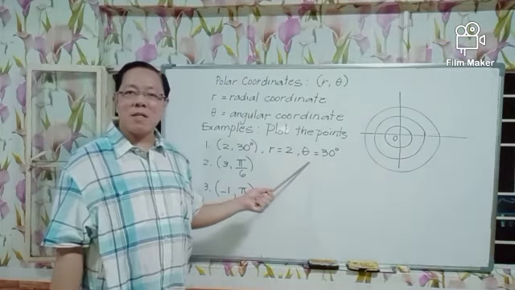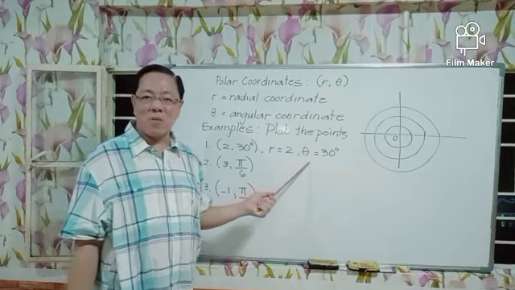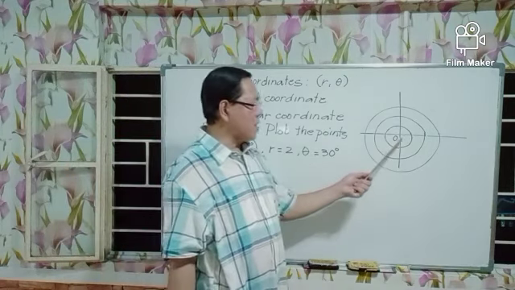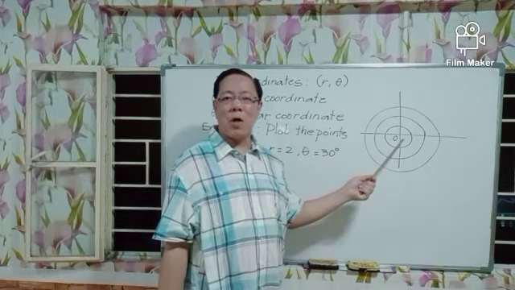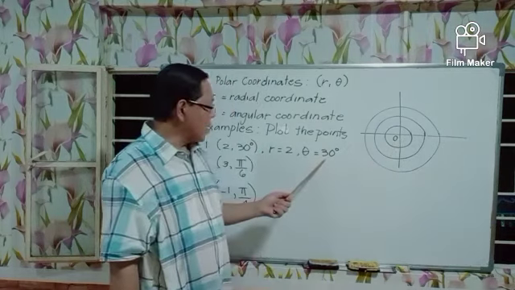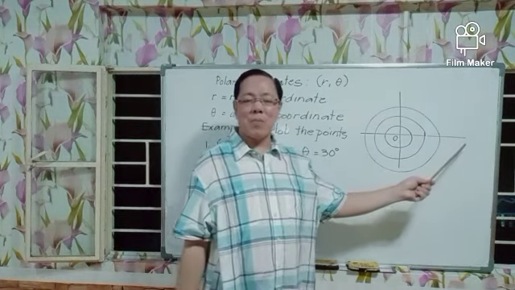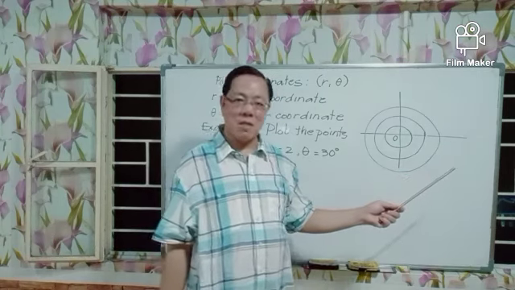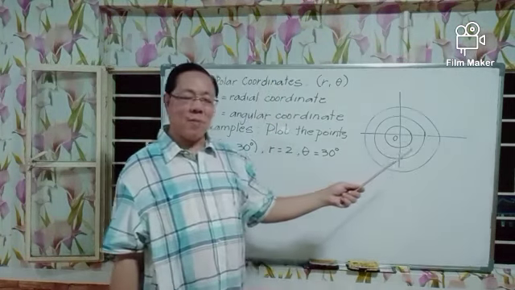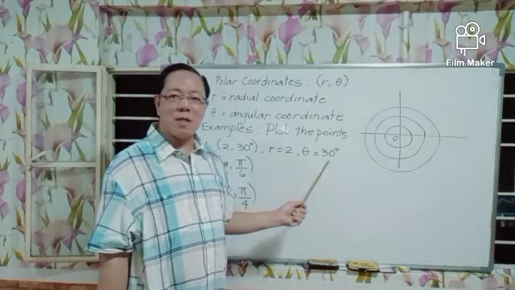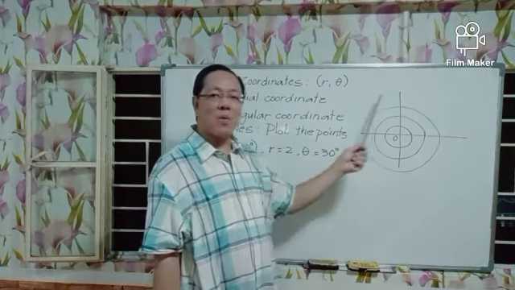And 30 degrees is taken as an angle in standard position. Thus, its vertex is at the origin or the pole. And the initial side of 30 degrees is the ray to the right of the pole or the positive x-axis. And from the positive x-axis, we measure 30 degrees in counterclockwise direction.